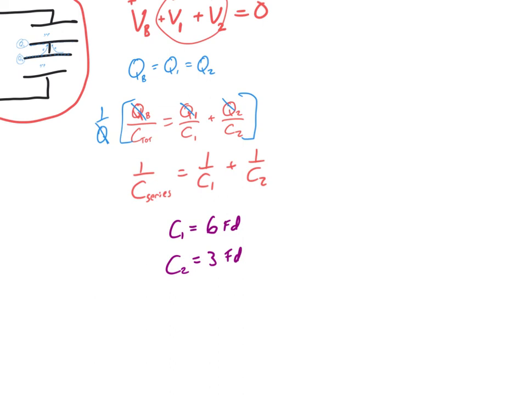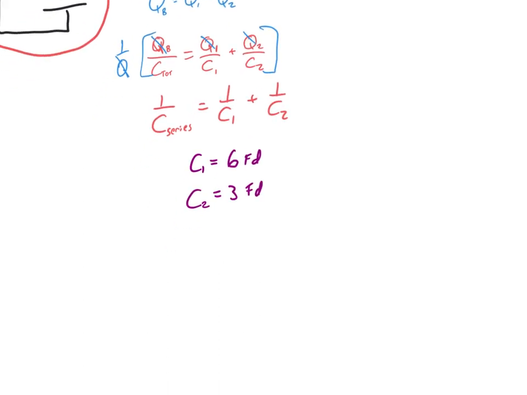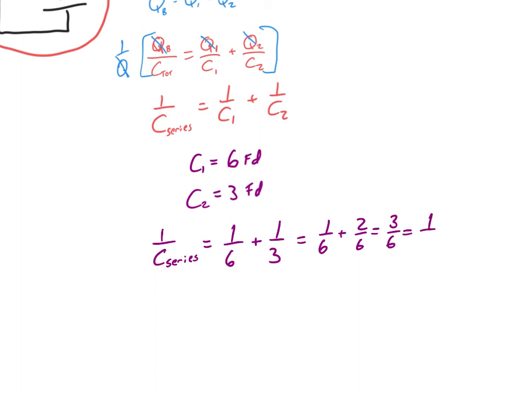There's always a couple students in the class that would say that it's 9. It's not. 1 over C series is equal to 1 over 6 farad plus 1 over 3 farad, which is the same as being 1/6 plus 2/6, which equals 3/6, or 1/2.